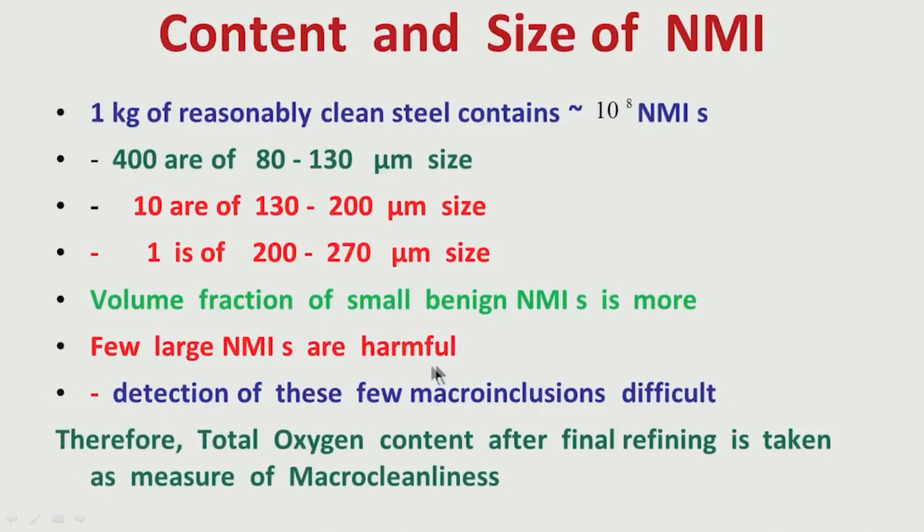So, we have to be careful about the exogenous entrapments in steel, because these exogenous entrapments lead to large NMIs which are really harmful. Again and again I am repeating, the minor inclusions which may be present in steel in large numbers are benign, they are less harmful, they are of no consequence to the steel properties or the surface quality of steel, but these large inclusions are really what are harmful.